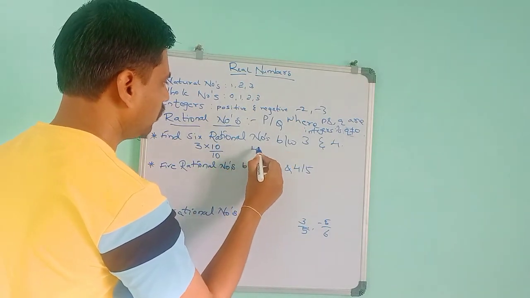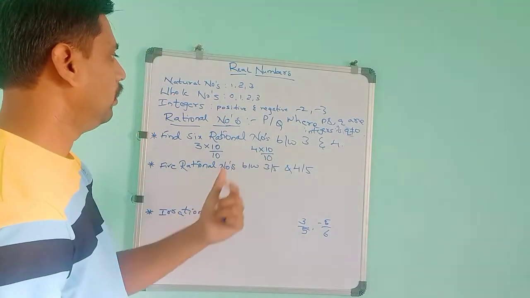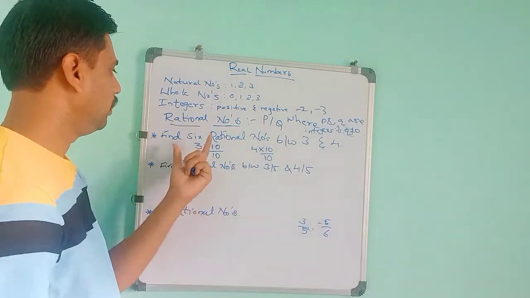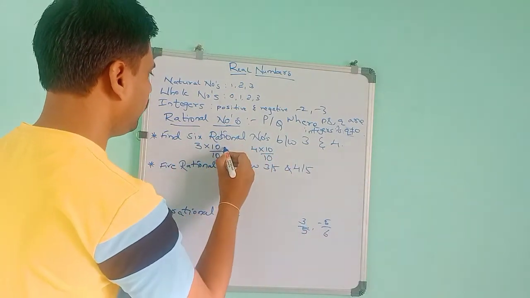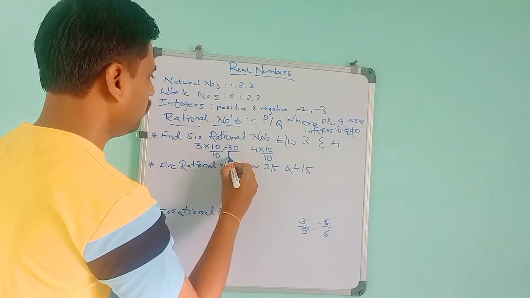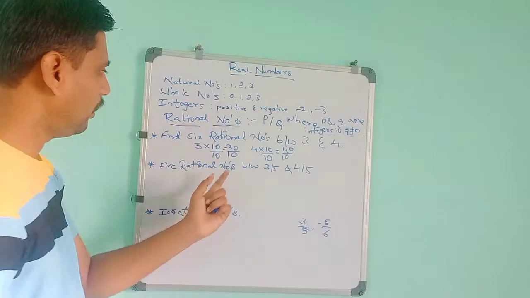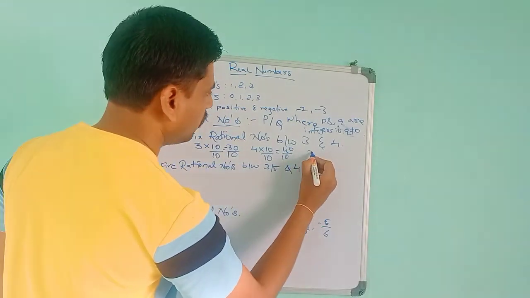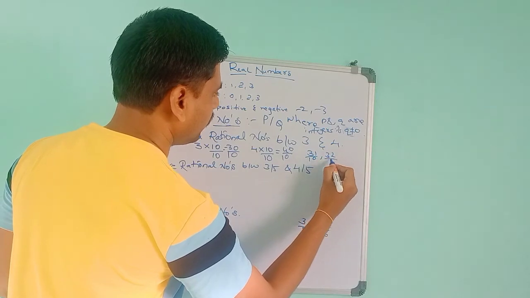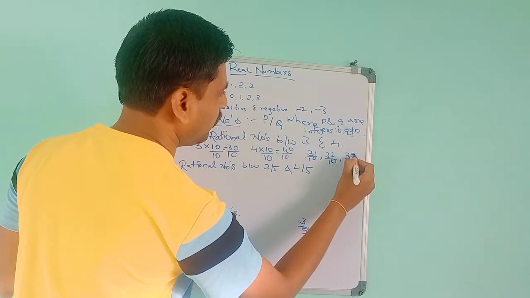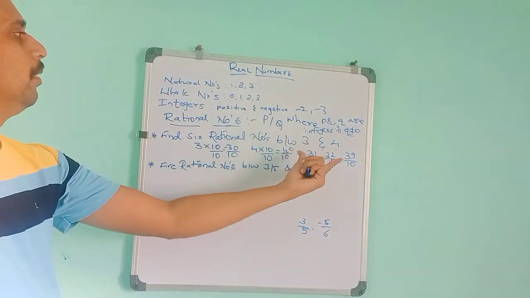This is the formula for finding rationals between numbers. So it is 30 by 10 and 40 by 10. So the numbers are 31 by 10, 32 by 10, up to 39 by 10. These are the rational numbers between 3 and 4.